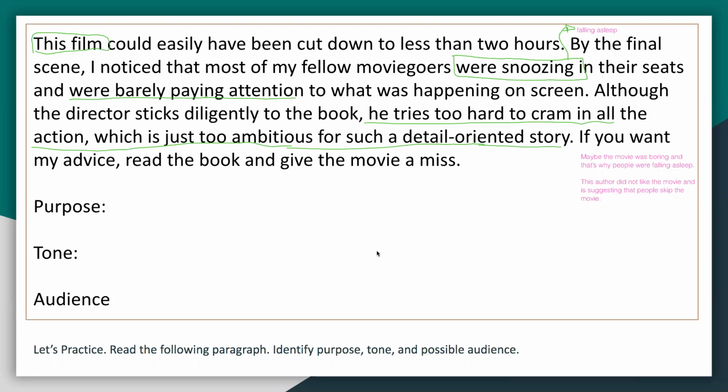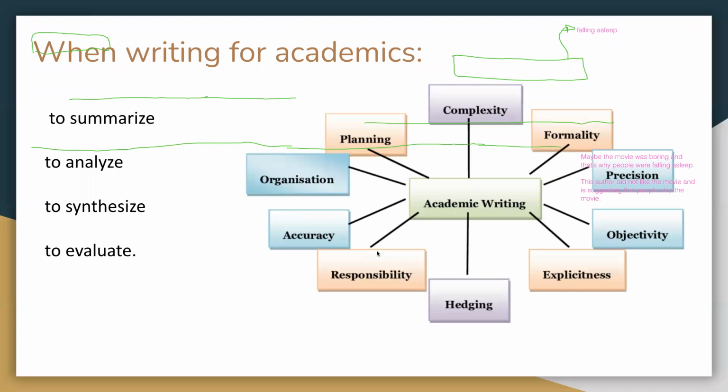Was the purpose to summarize, analyze, synthesize, or evaluate? Was I summarizing a text? Was I analyzing a text? Was I bringing about different parts of information, or was I evaluating?